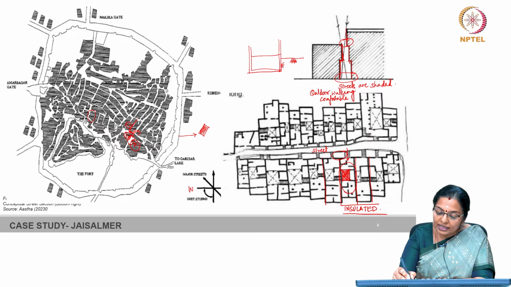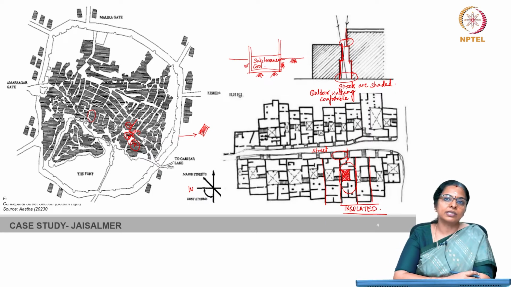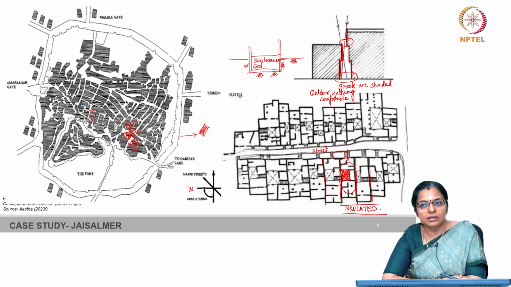And because there is insulation due to soil, this underground or subterranean level is also very cool. So when the outside is like a bakery, the inside remains very cool.